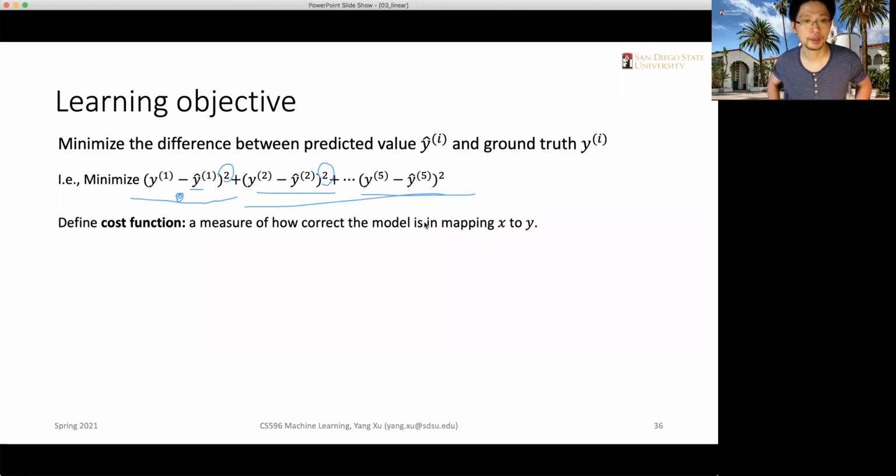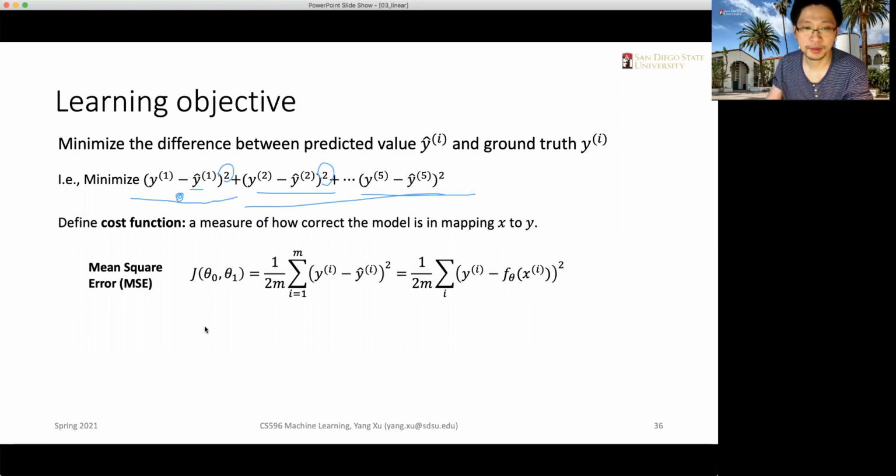This defines a cost function, which is a measure of how correct the model is in the task of mapping x to y. We can use this sum of squares to define our cost function, which is the mean square error.